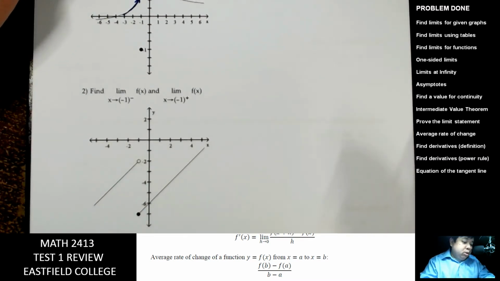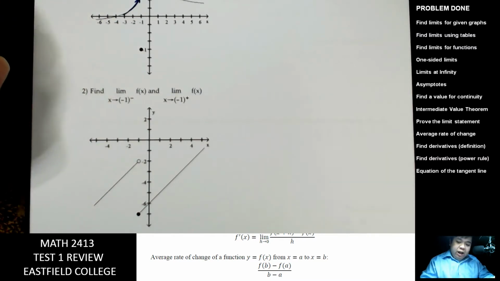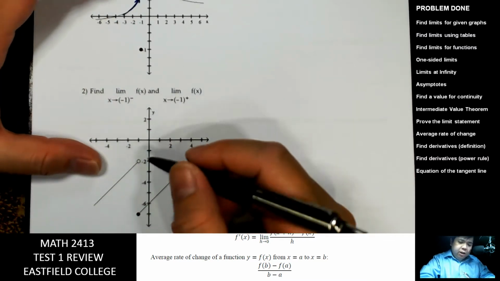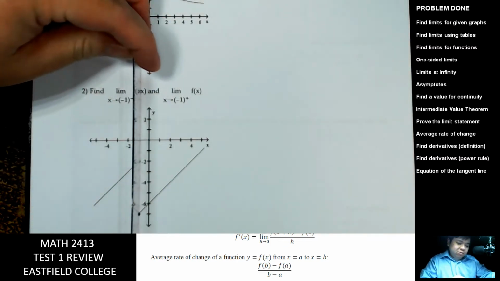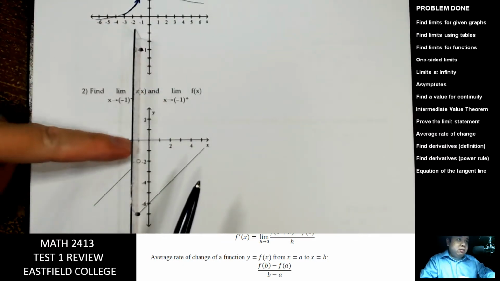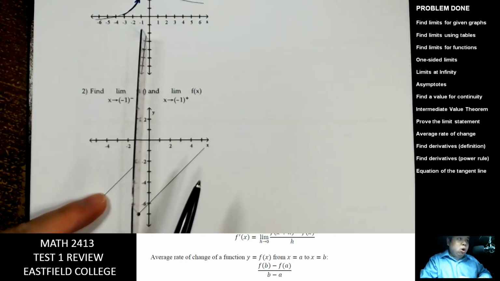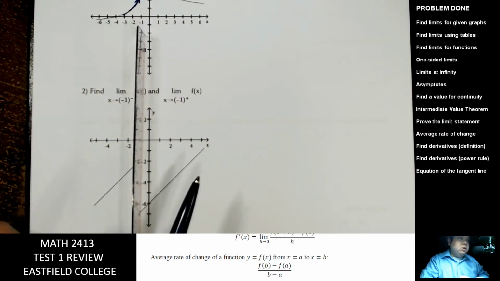So also the limit of the function when x goes to -1 from the left and from the right. So first, when x goes to -1 from the left. On the left side, if we go along the graph of the function, it will go to this point.